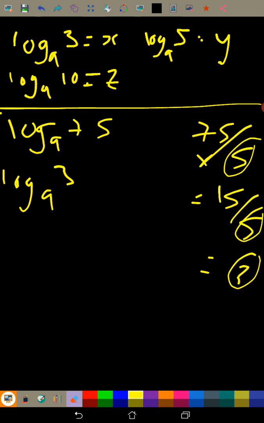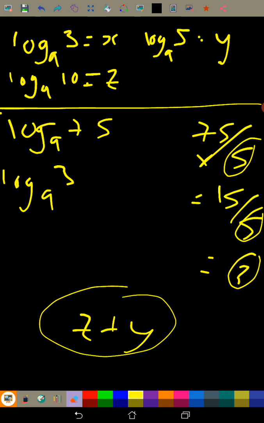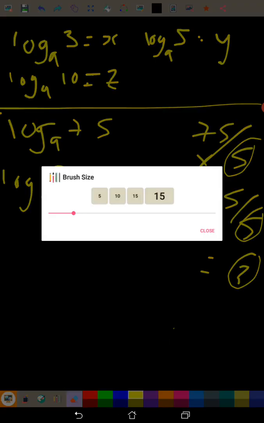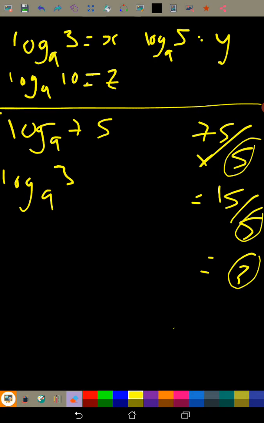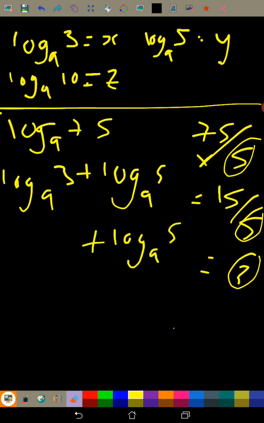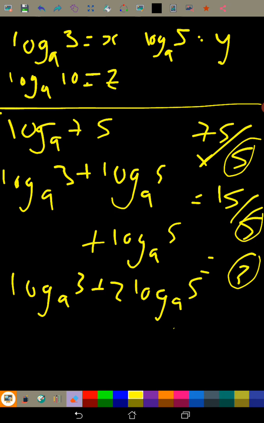Yeah, I understand from the other one as well why it's just plus, it was just this. I understand now. Okay, now we have this is a actually, plus log a 5 plus log a 5. Now you get this 2 log a 5, right?